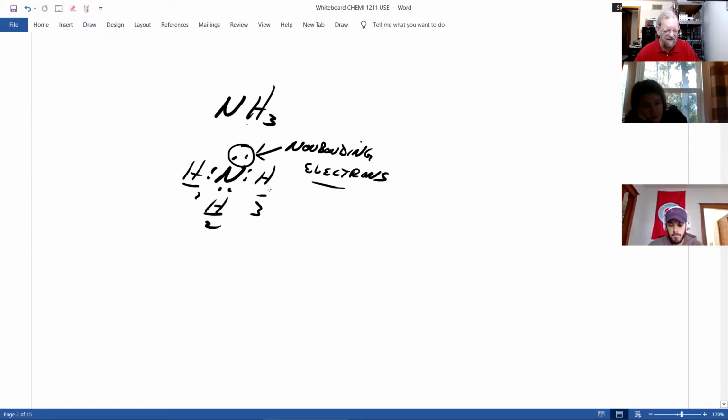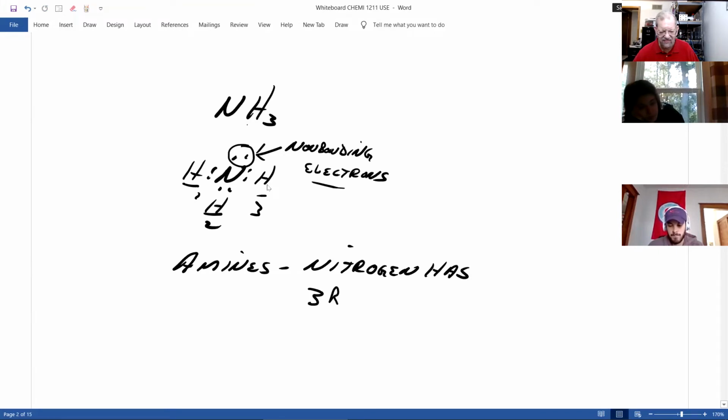And therefore, for amines, nitrogen has 3 bonds, and for an amine derivative, the non-bonding electrons can also be bonding, and you could also have 4 bonds to nitrogen.